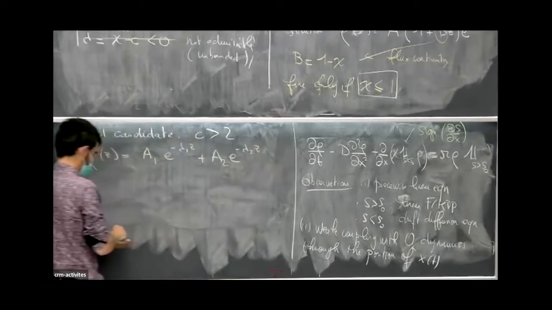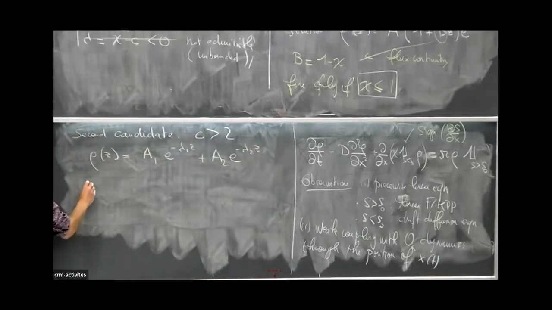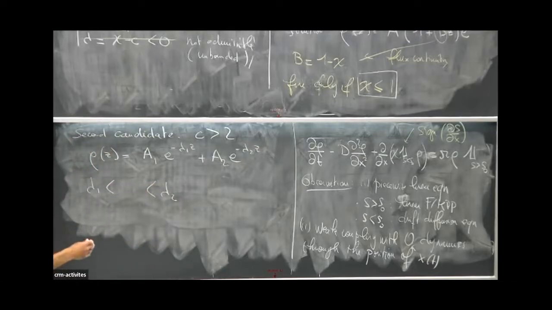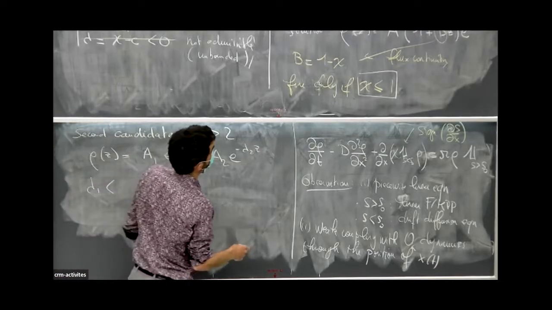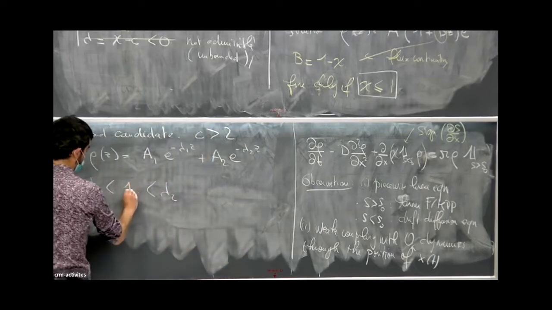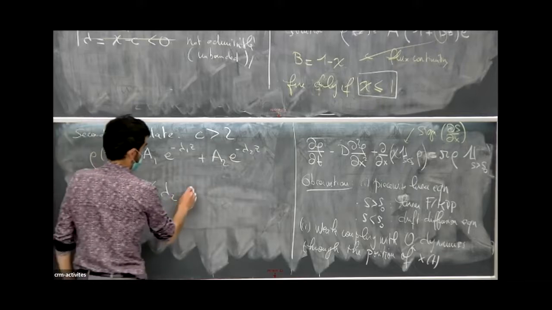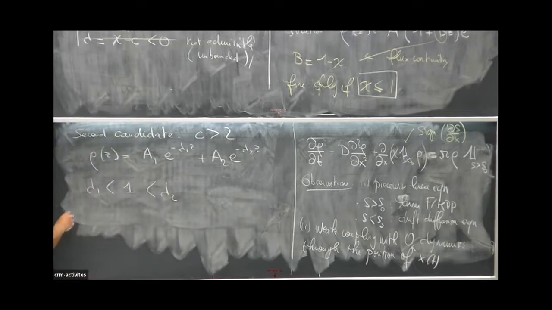And in that case, I chose the convention that lambda 1 is less than lambda 2, and they both lie on each side of the minimum value of the parabola, which is 1. This is my convention.